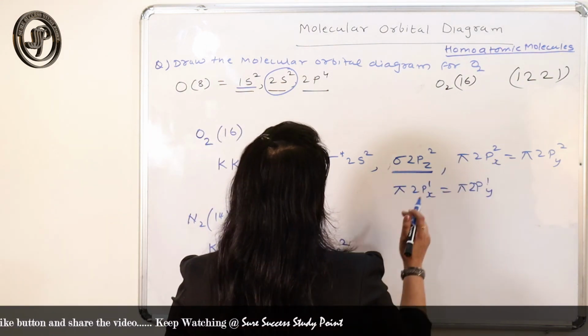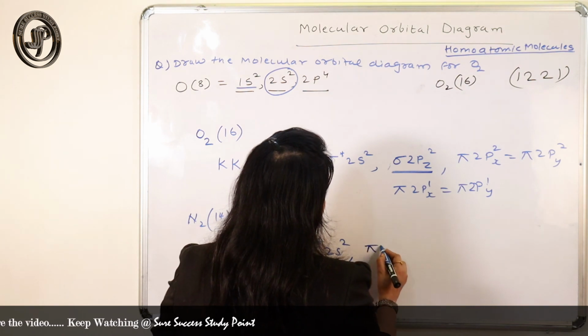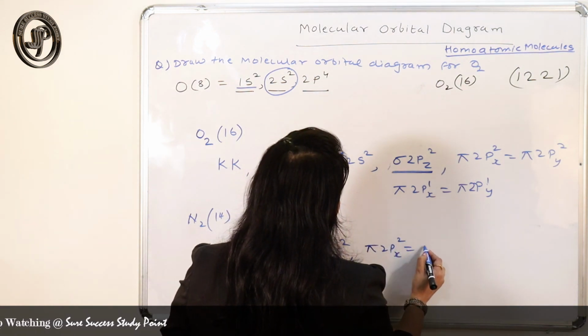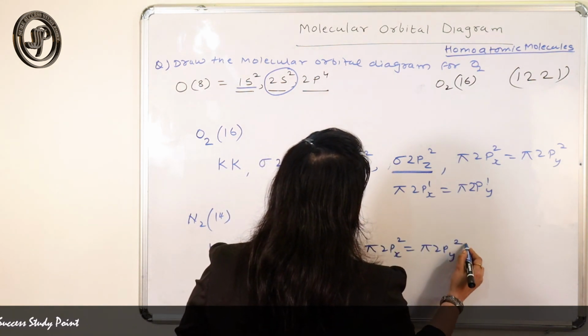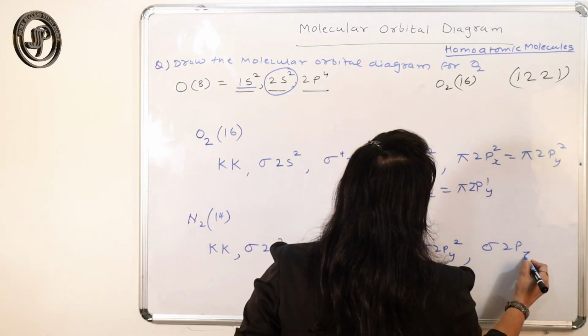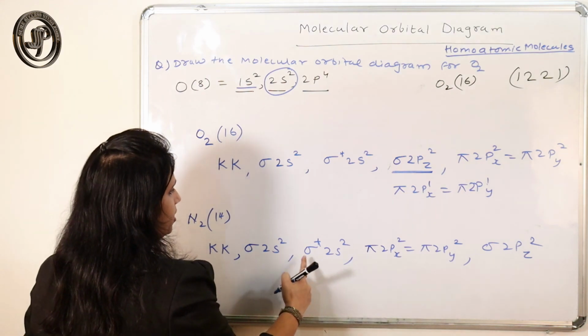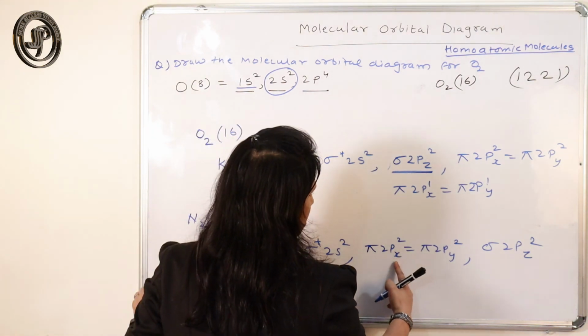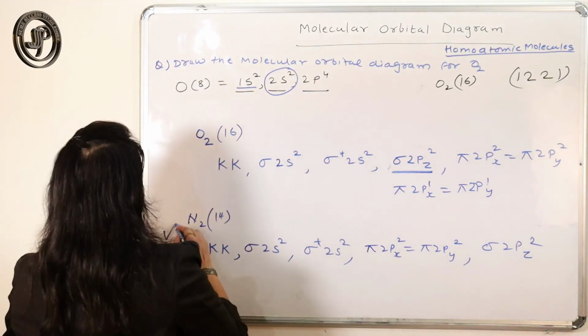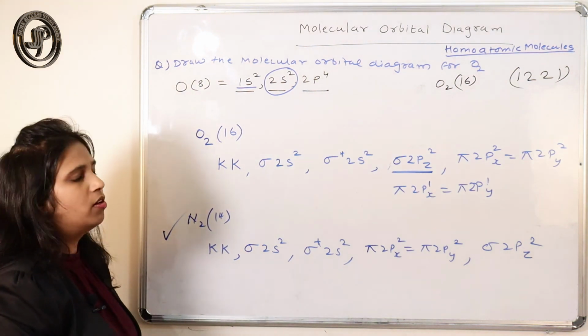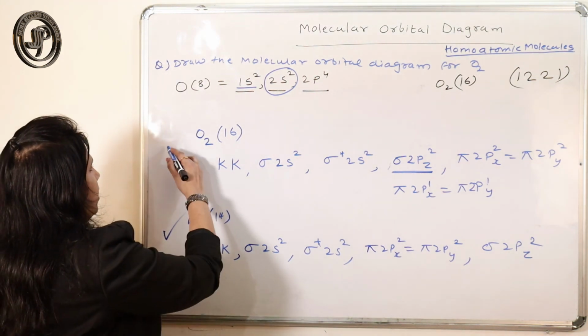So these two are interchanged: pi 2px2 equal to pi 2py2, then sigma 2pz2. So how many electrons do we need? 14: 4, 6, 8, 10, 12, 14. So that is the configuration for N2.